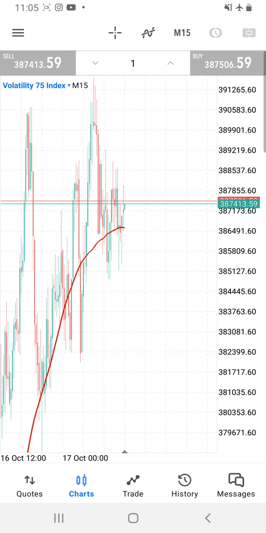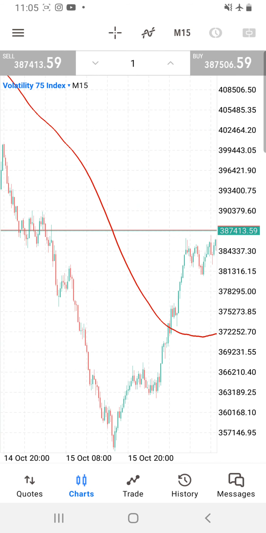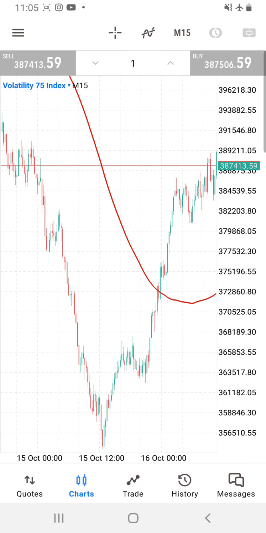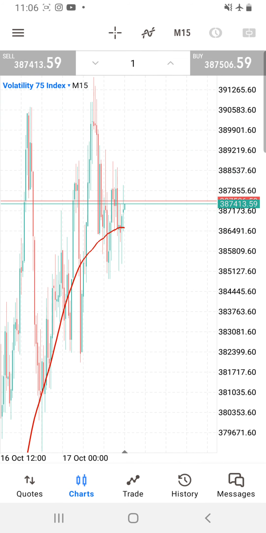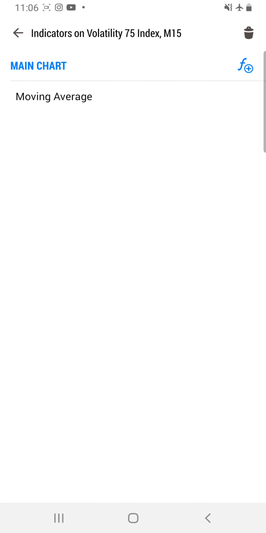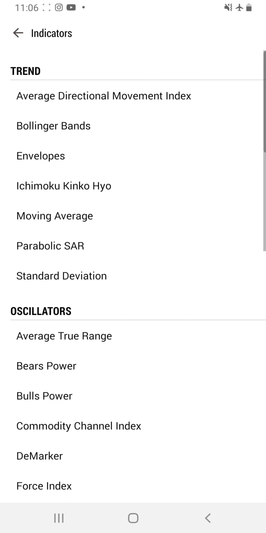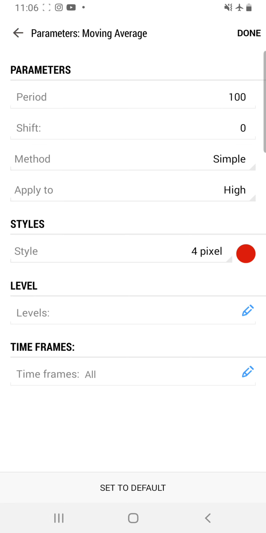Going back to the charts, you see we now have that red line running across our charts, which is our moving average. Next we want to add another moving average with the following parameters. The period still has to be 100, the shift still has to be 0, the method still has to be simple.